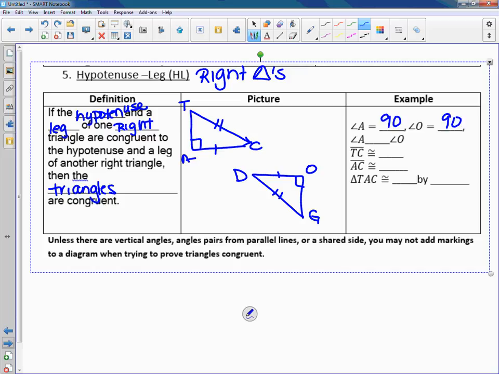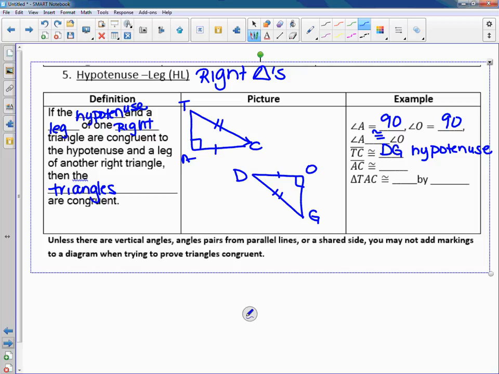And angle O is equal to 90 because they're both right angles. If they're both 90, that means that they are congruent to each other. TC is congruent to DG. And those are your hypotenuse, because they are across from the right angle. Okay?